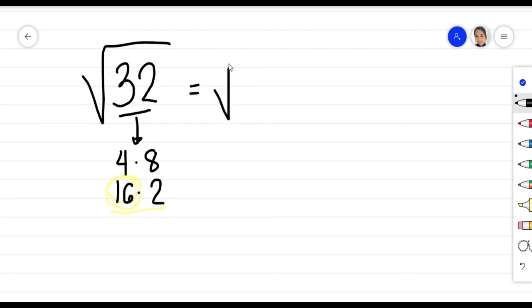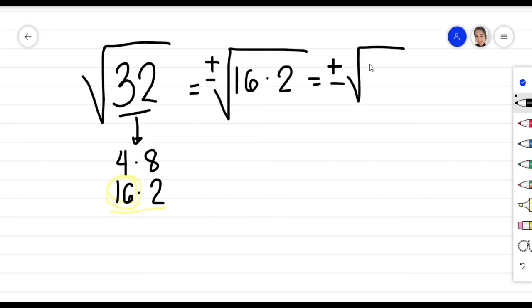So square root of 32 is equivalent to positive and negative square root of 16 times 2. Now, we will write 16 in exponent form. So that is positive and negative square root of 4 squared times 2. Then we will extract 4 squared outside.